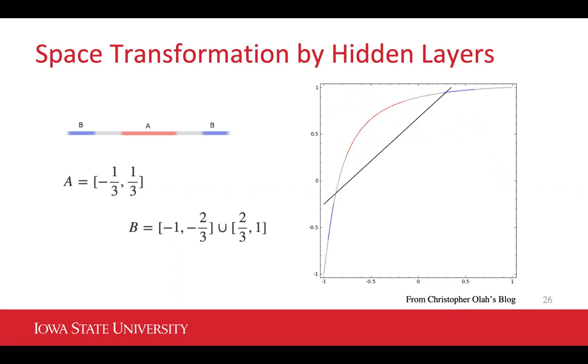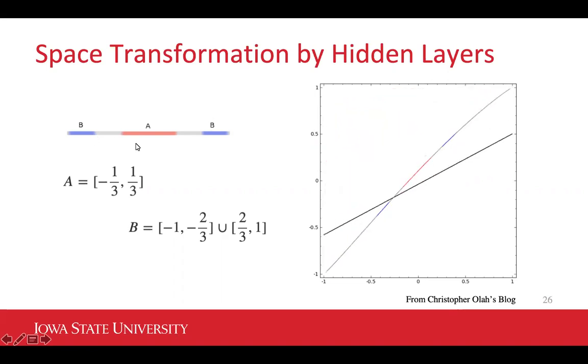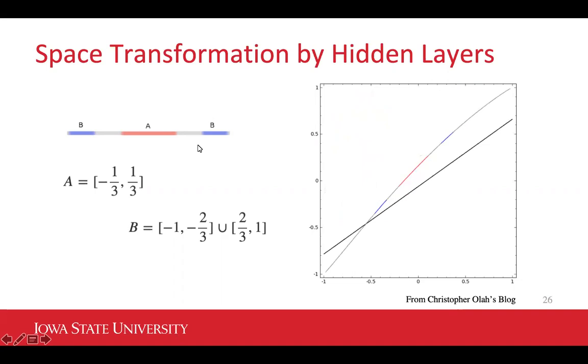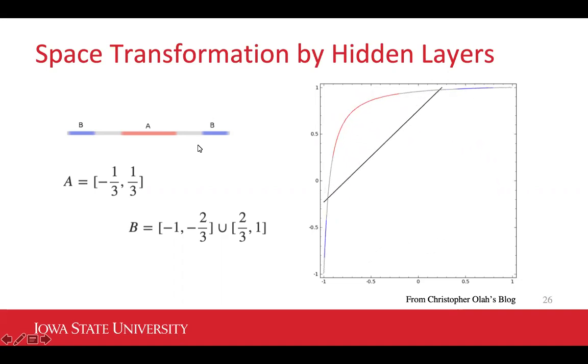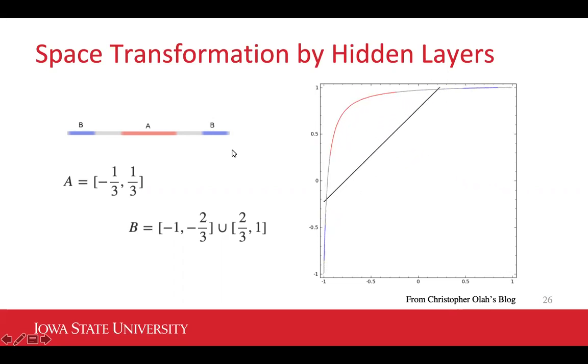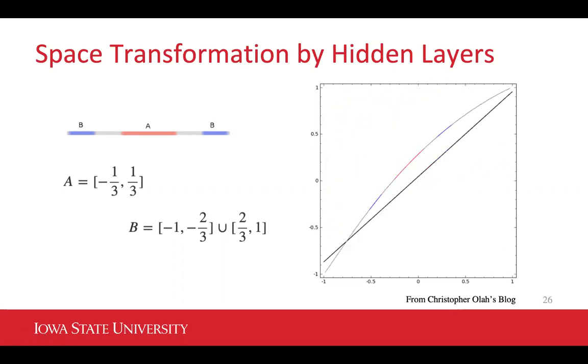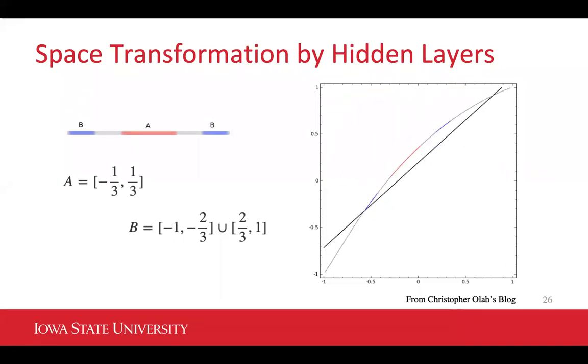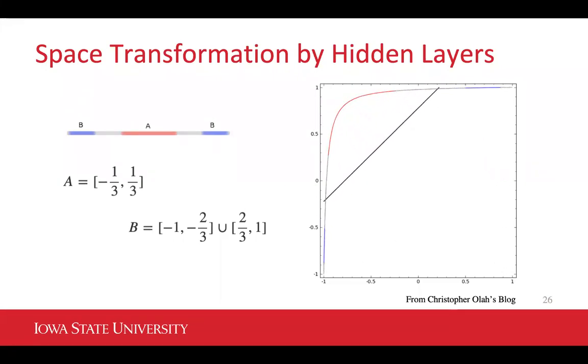This is a very simple example where you have two groups, group A and group B, but group A is surrounded by group B on a real line. For this kind of groups, we cannot use a single number to separate these two groups, because group B is both smaller and larger than A.